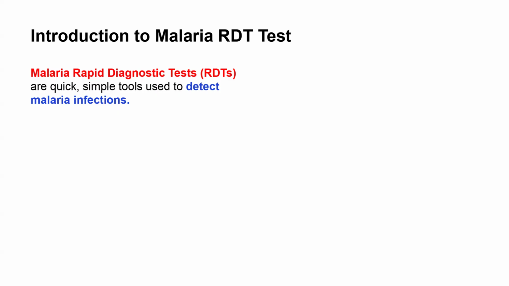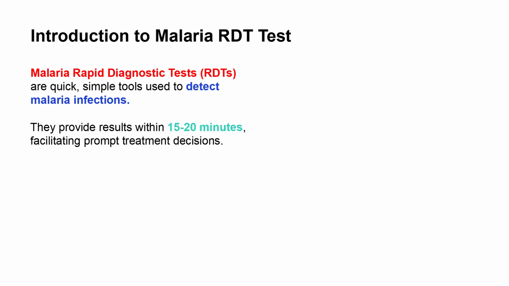Sometimes if you have a patient and you want to diagnose malaria, the best way is to use RDT because it is very quick and simple, and at the same time it doesn't require any sophisticated equipment.